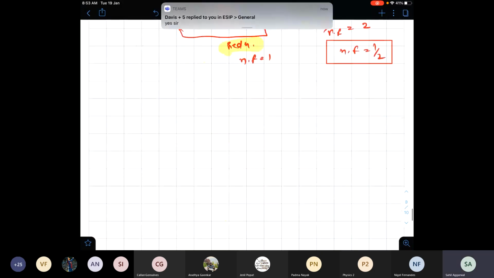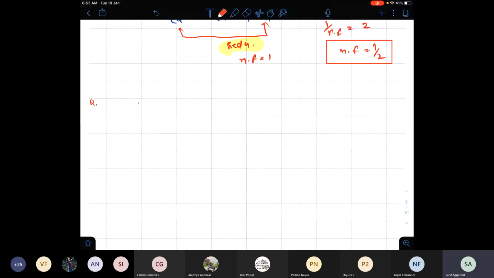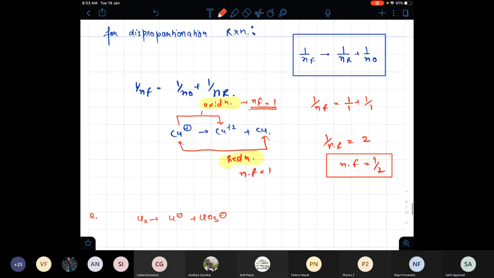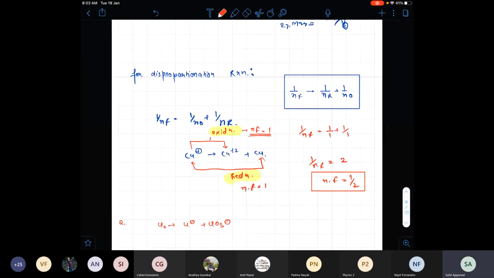For a disproportionation reaction, try this. Done, sir. Thank you.